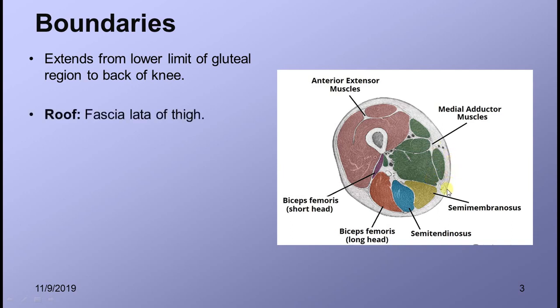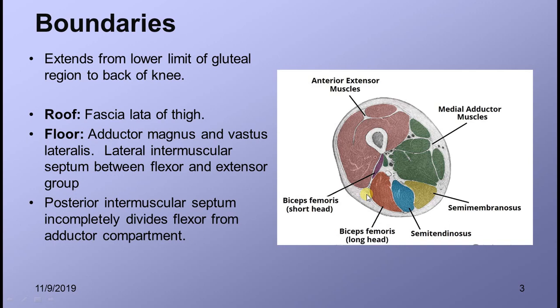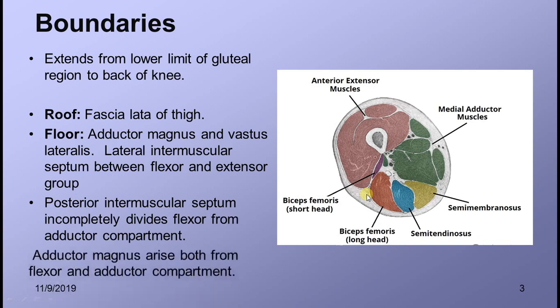The roof is mainly formed by the deep fascia, which is called the fascia lata of the thigh. Now, you are aware of this fascia lata of the thigh and their intermuscular septum.